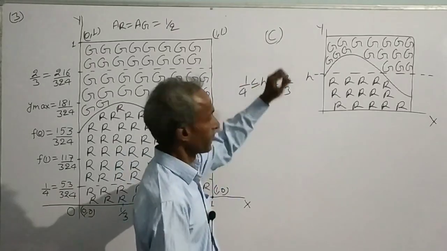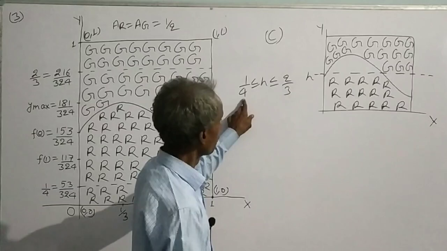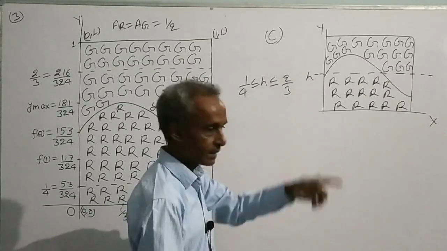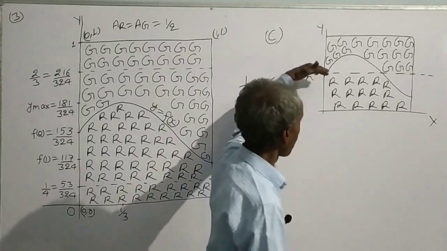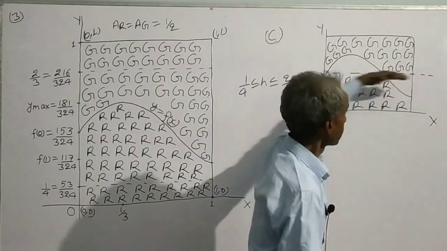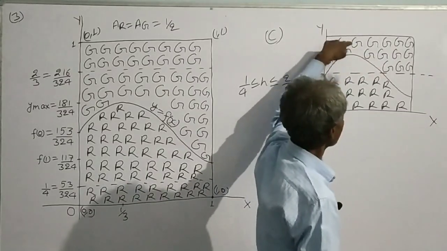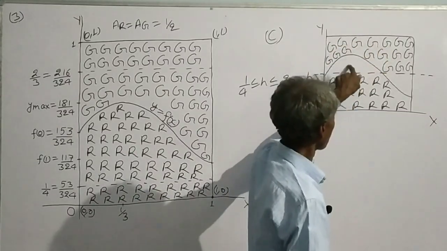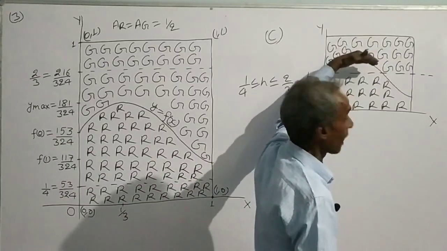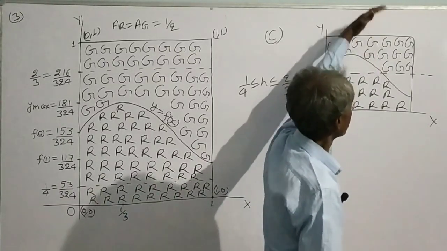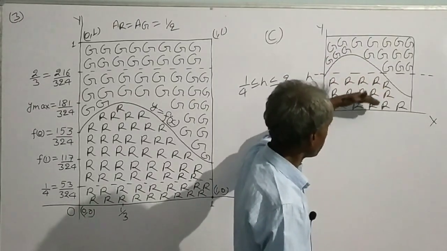In option C, it is said that a height h from 1 by 4 to 2 by 3 exists such that when we draw a horizontal line at a height h, then the area of the green region, only the green region, not the red region, above this line is equal to the area of the red region below this line.